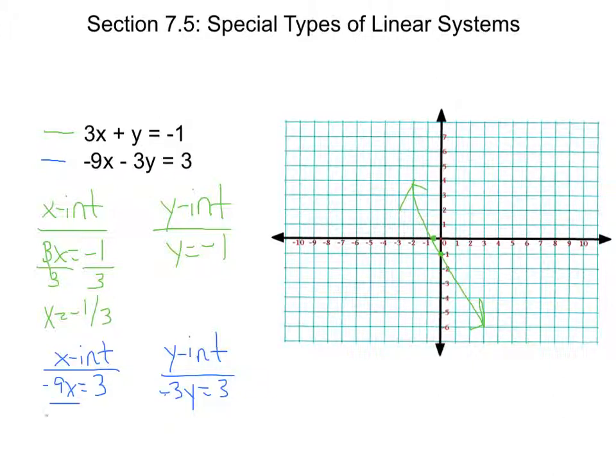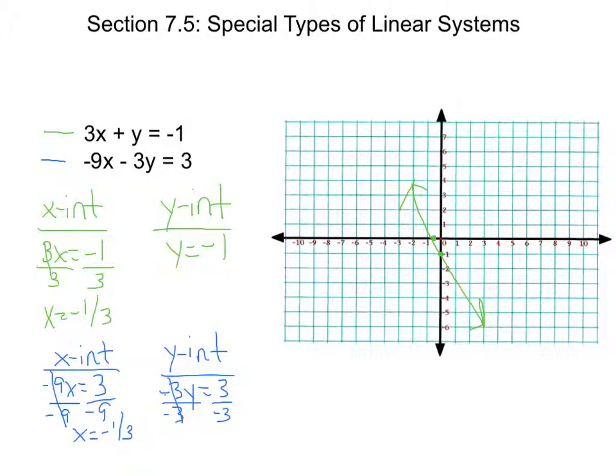So when we divide, x equals 3 divided by -9, and if we reduce 3 over -9, we actually get -1/3.